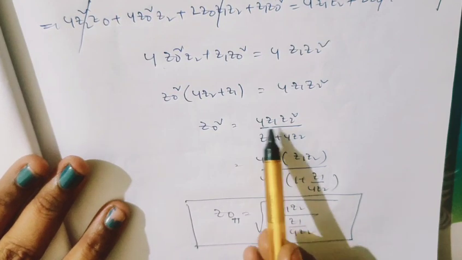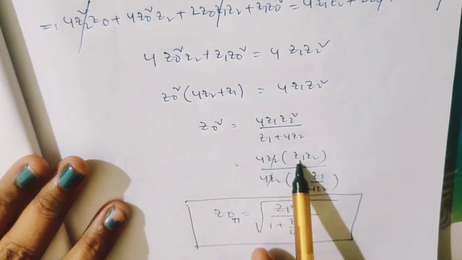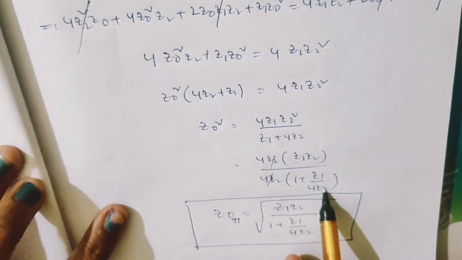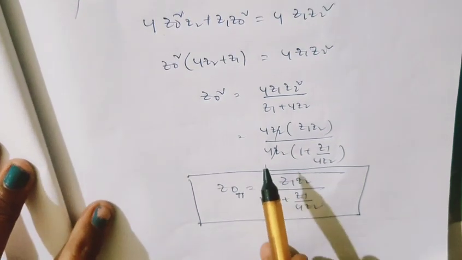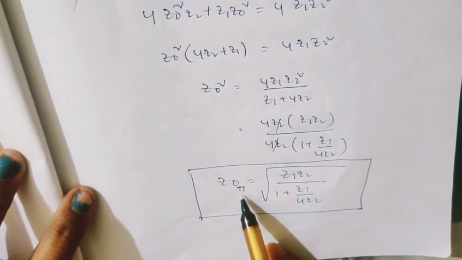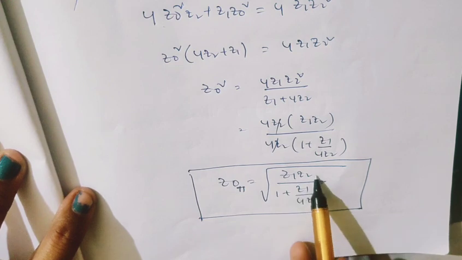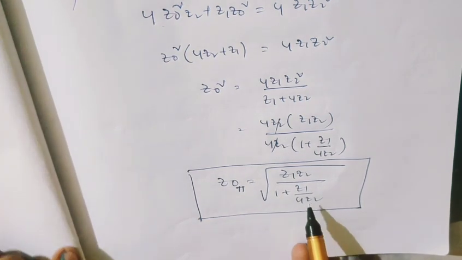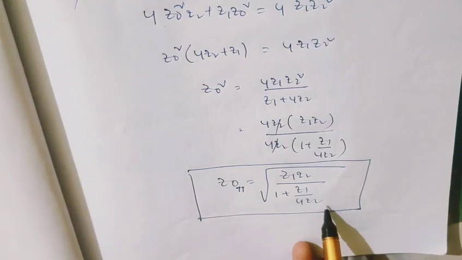From this, take down the 4Z2 term as a common. So we get Z1 Z2 by (1 plus Z1 by 4Z2). Therefore the characteristic impedance of a symmetrical bisection is equal to the square root of Z1 Z2 by (1 plus Z1 by 4Z2). Okay, hope you are clear on this.